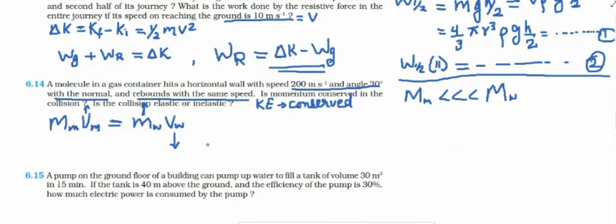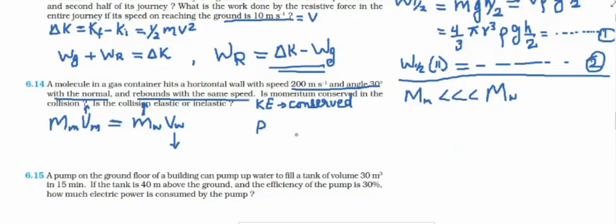In such a situation, we can say momentum is conserved. The molecule gives its momentum to the wall, but you cannot observe that because of the huge mass of the wall. So momentum is conserved in the process.